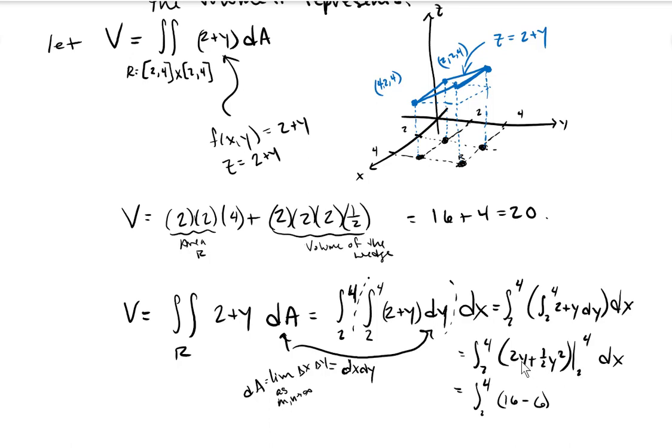At the bottom bound we get 4 plus 2, 6. Yeah, that seems right. And so now we are still integrating this with respect to x. And this is easy.